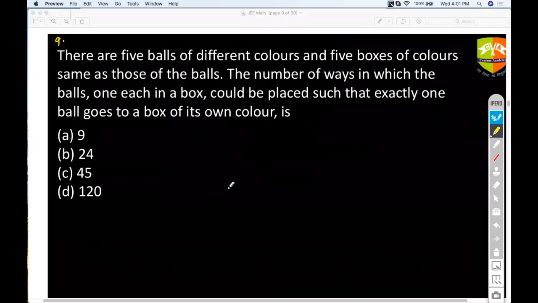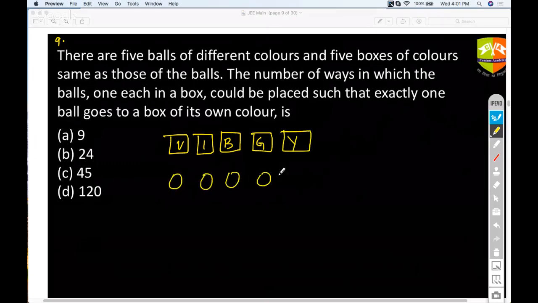Okay, most of you are going with 9B. So let's say we have boxes of these colors, and balls of the same colors: violet, indigo, blue, green, and yellow.